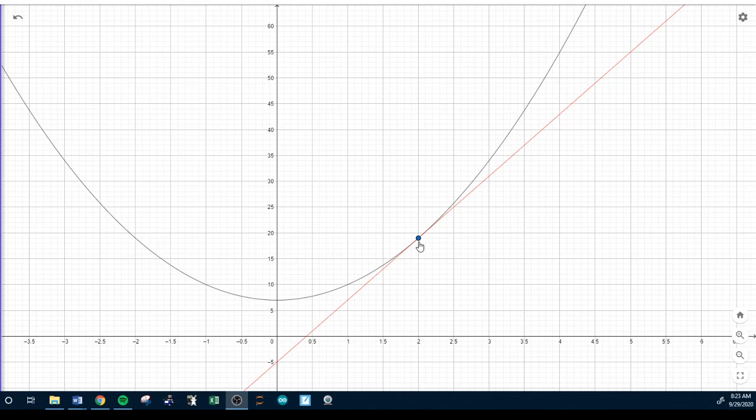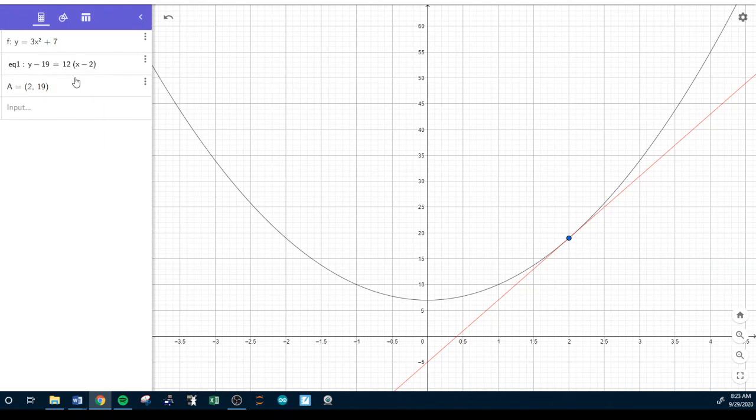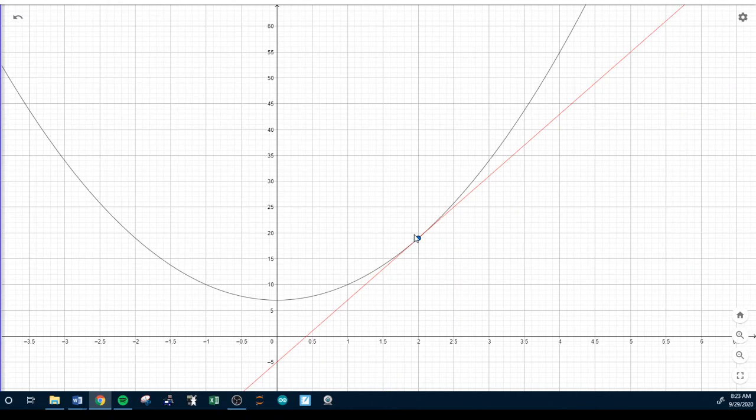Here's the point 2, 19, and I graphed the line going through 2, 19 with a slope of 12. Here's your point slope form if you want to think about it that way. And you can definitely see that it is a tangent line right there to the graph of the function 3x squared plus 7. Okay guys, hope this helped, and good luck.